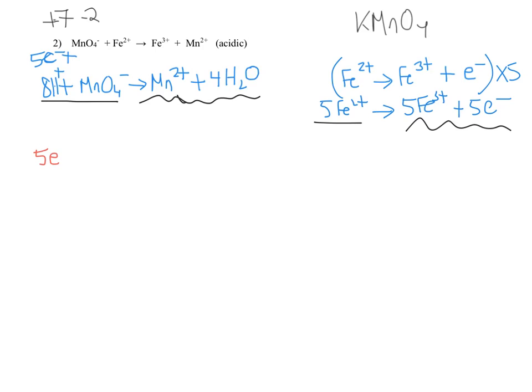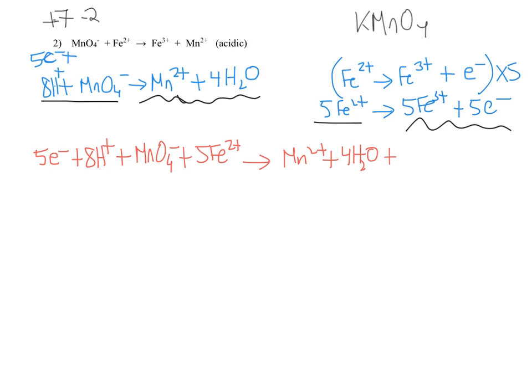So 5 electrons plus 8 H+ plus MnO4- plus 5 Fe2+ yields Mn2+ plus 4 H2O plus 5 Fe3+ plus 5 electrons.